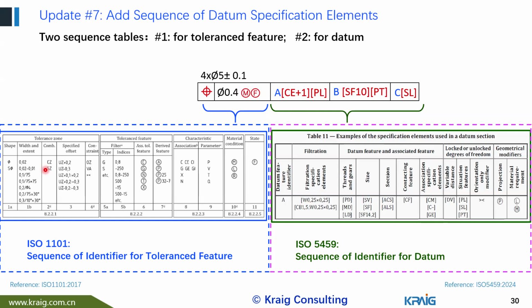That's the sequence. This chart tells you the sequence, and you can find this table in ISO 1101. Okay, it's used for tolerance features, but here it's used for datum. This table is added to the latest standard, ISO 5459.